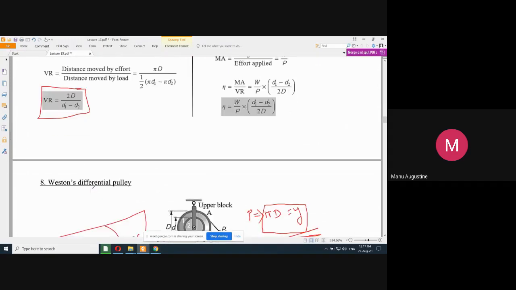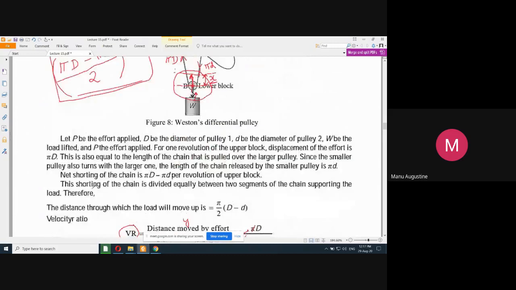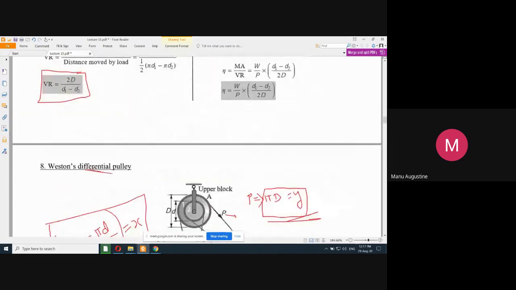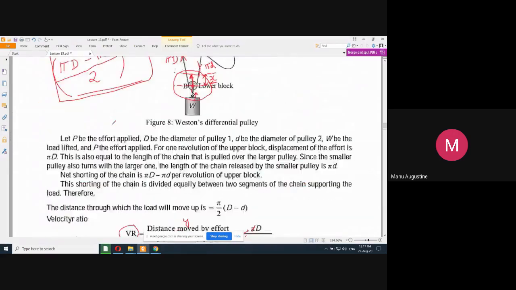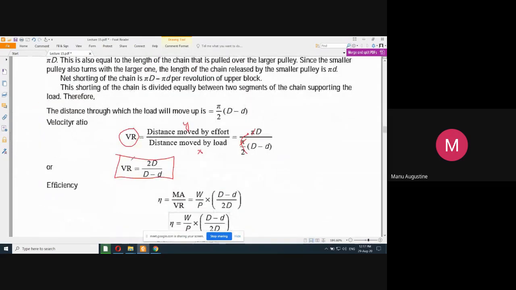So the relationship is almost similar. It's easy to remember. Whenever the word differential comes in, you remember that a velocity ratio formula like this is going to come. So eventually we have developed the equation for velocity ratio. Capital D is the diameter of the larger disk, small d that of the smaller disk.